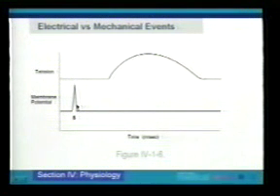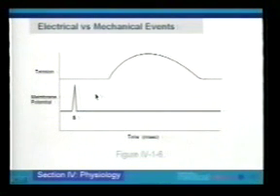Now the electrical event is the action potential traveling over the surface of the cell and down the T-tubule. Now the main point here is, notice that this action potential that spreads across the surface and down the T-tubule, this electrical event is over before the mechanical event actually begins.